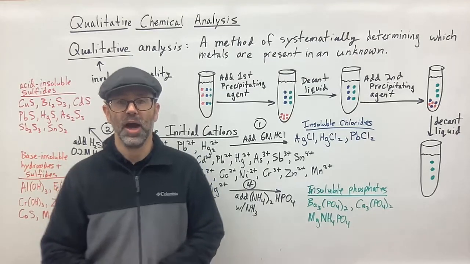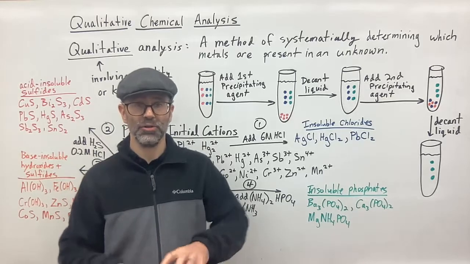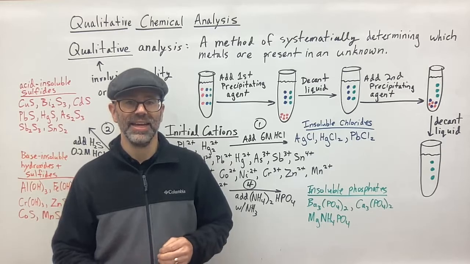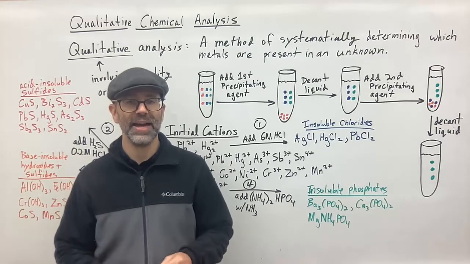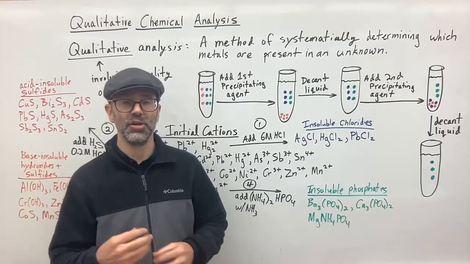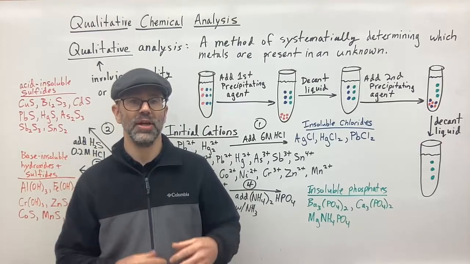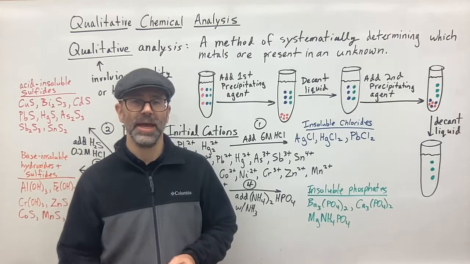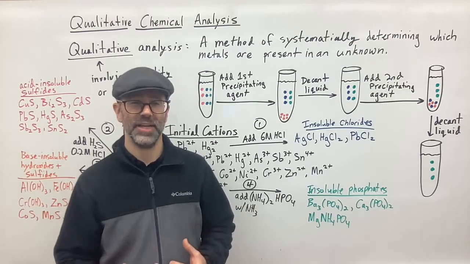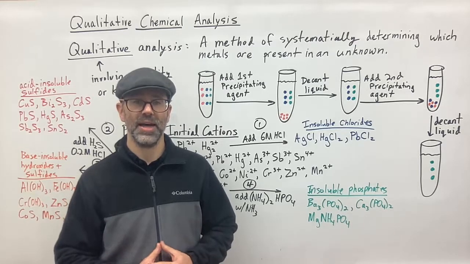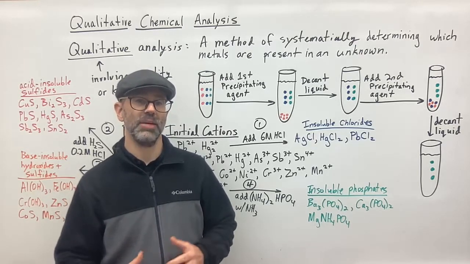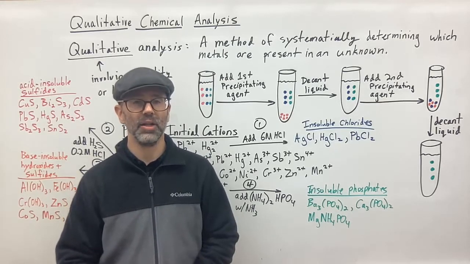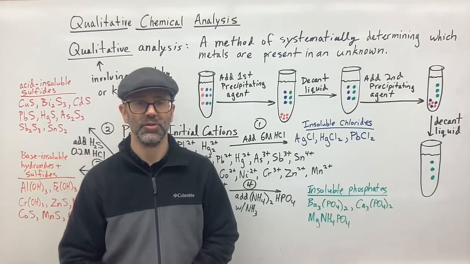And so if you are trying to determine what metals you have in a mixture, you can in a systematic way add certain substances to the mixture in order to see if something precipitates out. And if not, then you know that's a negative test for that particular ion or particular ions. And then you keep going through your process to identify what elements or what ions you have in your solution.